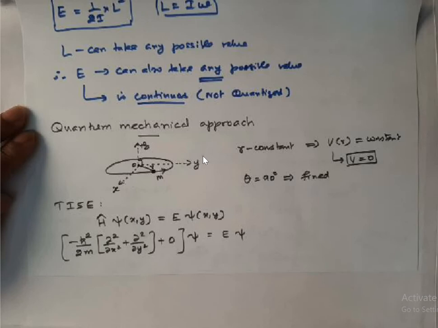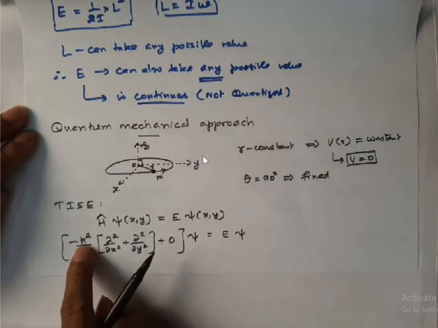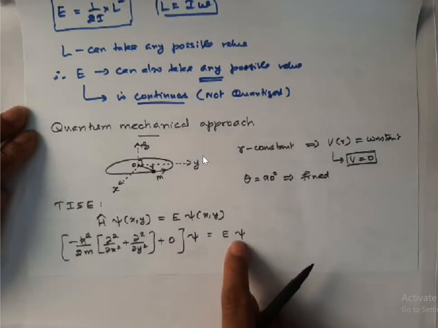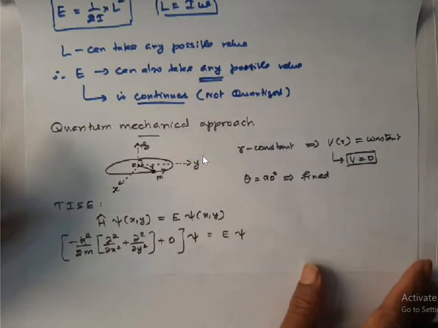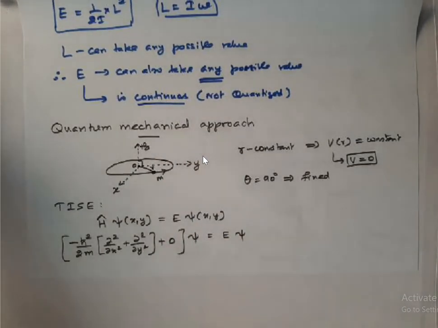Now I'll bring this minus h bar square by 2m to the right hand side. This is 0, so I'll bring this to the right hand side. We'll get an expression like this.